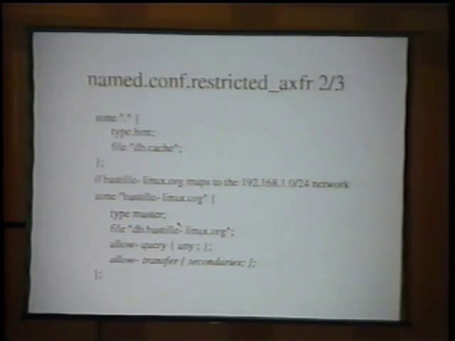Then for each zone, if we're authoritative for BastilleLinux.org, that means we're giving out data on BastilleLinux.org to the whole world, so we better allow queries against that. So we do this allow query any, which means only our internal nets are allowed to query us for anything. But if you're querying us specifically about BastilleLinux.org, you can be anybody in the world.